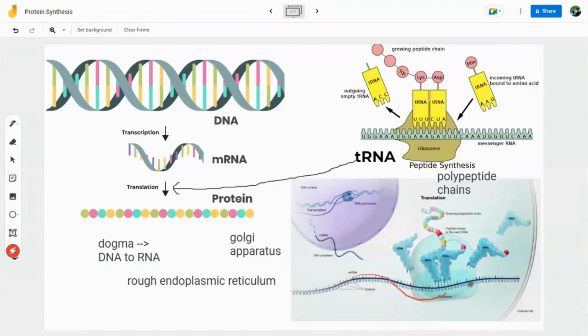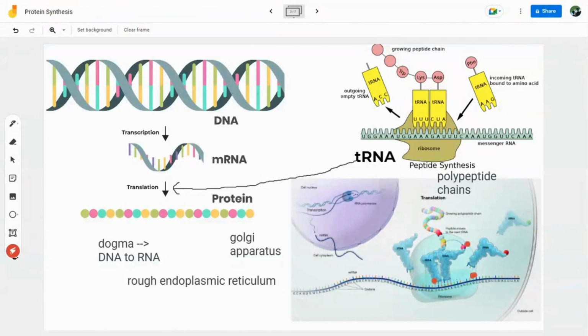Transfer RNA, tRNA, is approximately 80 nucleotides long and forms a cloverleaf structure by complementary base pairing. One end features the ACC base sequence where an amino acid binds. In the middle loop, there is a triplet nucleotide sequence known as the anticodon.